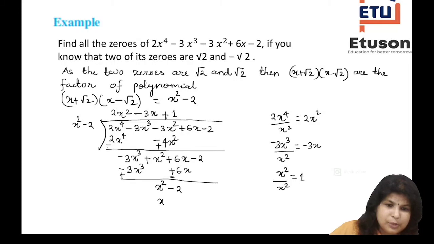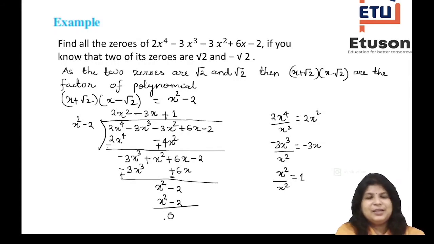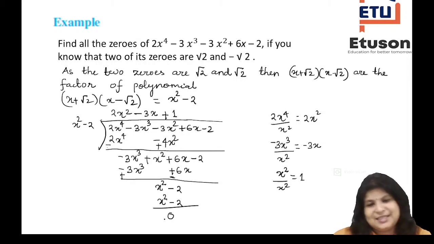If you multiply plus 1, it will be the same, that is x square minus 2, and your remainder is equal to 0. Correct? See, I told you, the bigger the number, the easier the answer is. So you have got remainder here 0. So here the first part of the question is over.